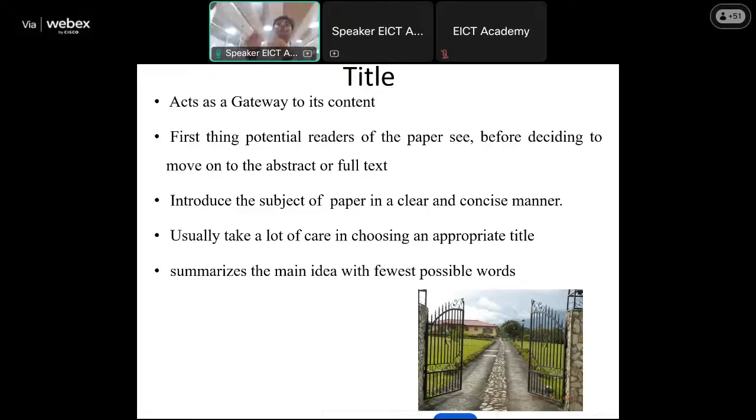Citation, क्योंकि साइटेशन के लिए विजिबिलिटी होनी चाहिए. आपने जो काम किया, whatever the work that you propose and whatever the title is there, so ultimately through a title only the paper will be searched and the people will read that particular work. So if your title is not proper, then also the visibility may suffer. So the title should summarize the idea with the fewest possible words.